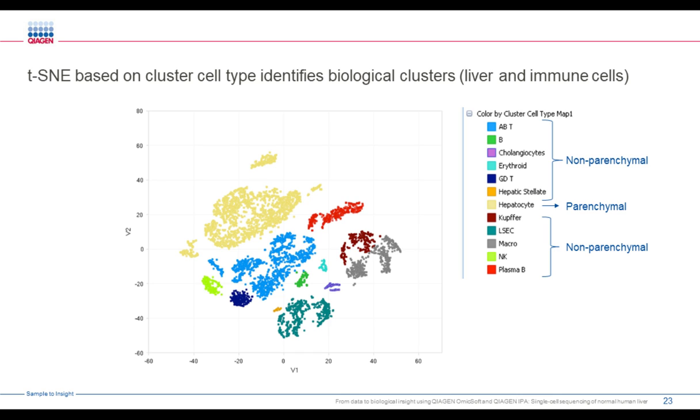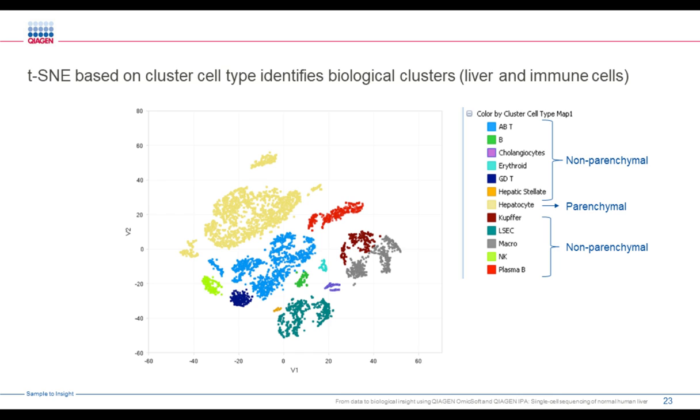But as I said, because the curation has been so well done, I can even go further and define my own biological clusters. And here, this is a representation of the t-SNE based on the cluster cell type. And that matches pretty much what the paper is saying.